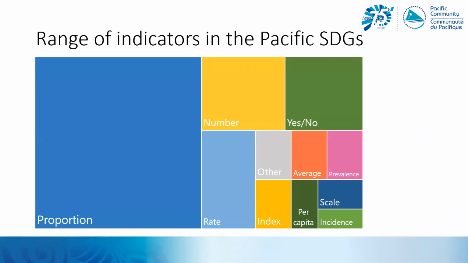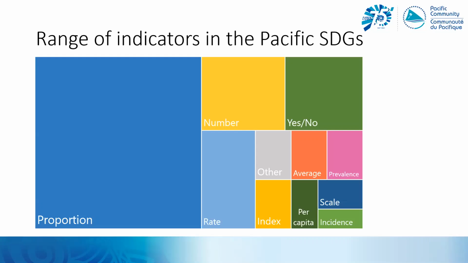Just for interest, I looked at what sort of indicators make up the Pacific set of SDGs. So this is a set of 131 that the region prioritised out of the global indicator framework. So again, this is a tree map where the size of the box represents the frequency of that indicator type.